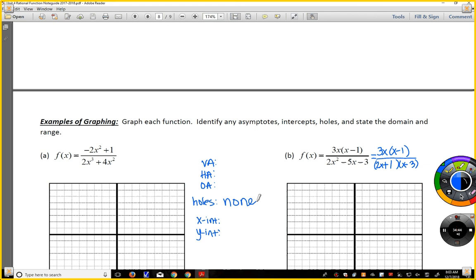So asymptotes, vertical asymptotes. Do we have any? So do we have stuff in the denominator that could create a 0 in the denominator? Yes. Okay. How many different options are there for creating 0 in the denominator? 2. Okay. And they are occurring at which value? So if I set 2x plus 1 equal to 0, I would get negative 1/2.